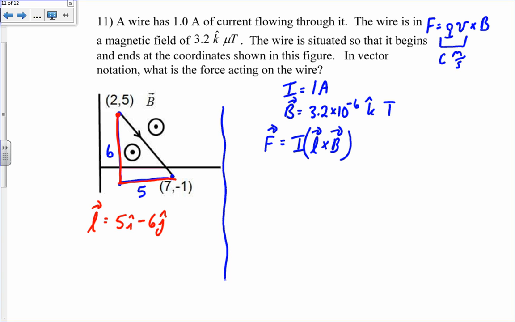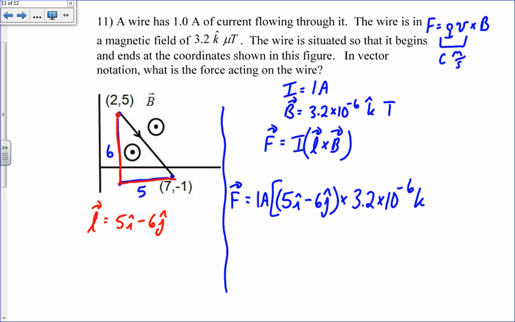So now I can do my force. It's going to be 1 amp times L cross B. L is 5I minus 6J, crossed with B, which is 3.2 times 10 to the minus 6 in the K direction. If you do that cross product, you get a negative 1.6 times 10 to the minus 5 in the J direction.